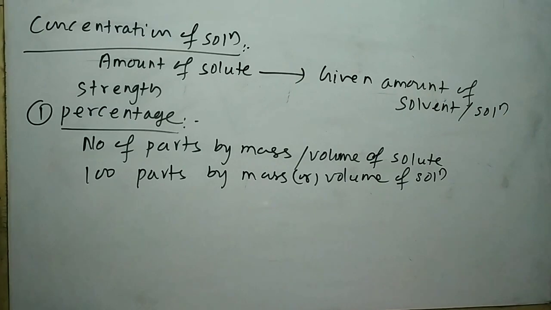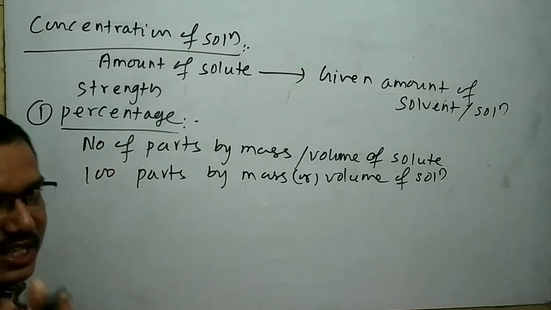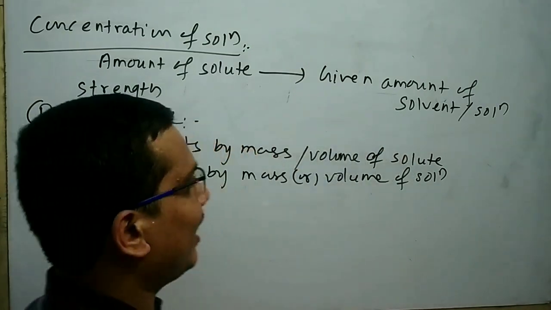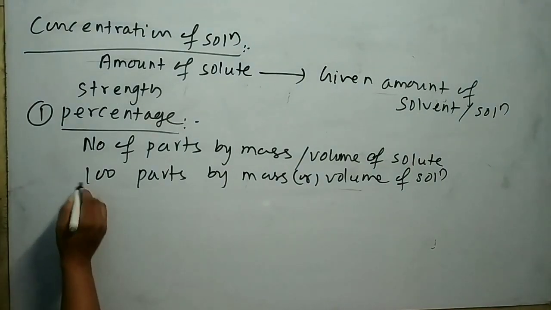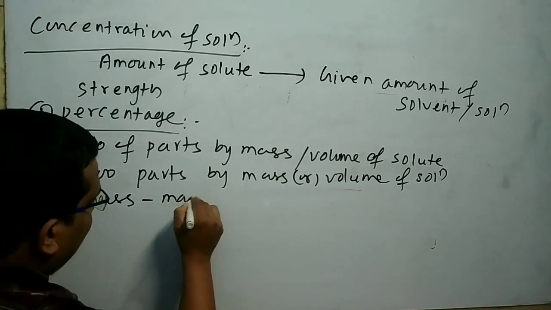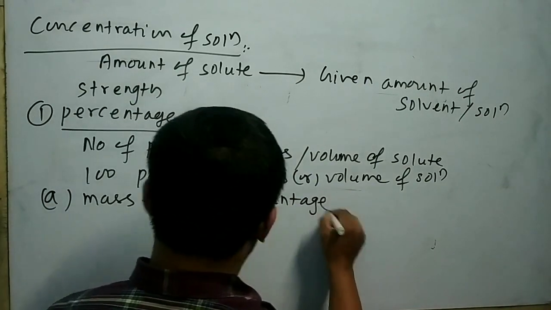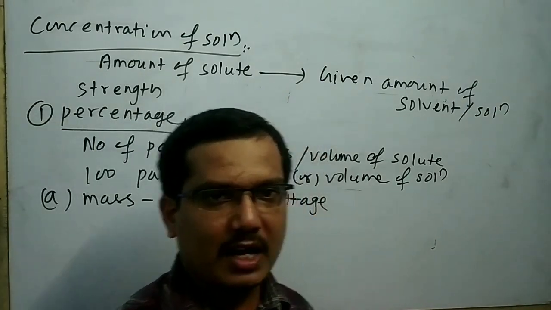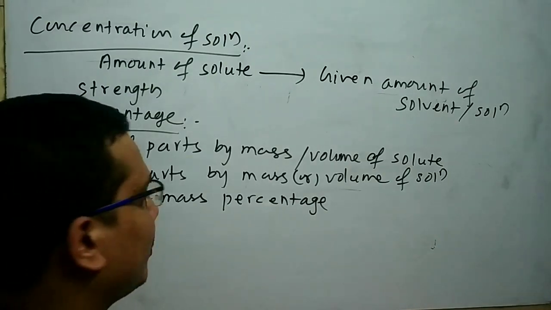How many parts of a solute present in 100 parts of the solution? The part must be done by the help of mass or volume. There are 4 types of percentage. Number 1 is your mass percentage. Number 2 is your mass volume percentage. Number 3 is your volume mass percentage. Number 4 is your volume percentage.